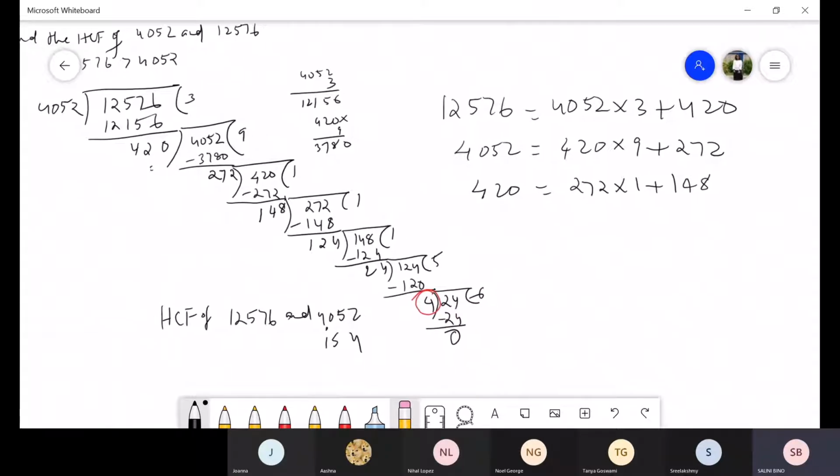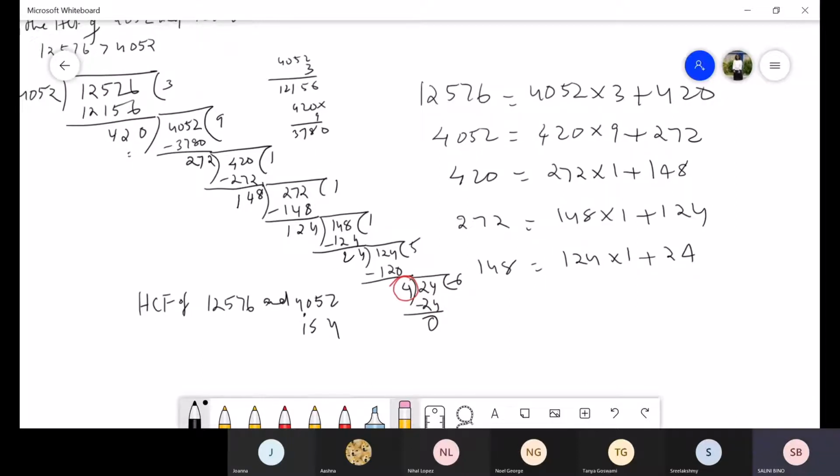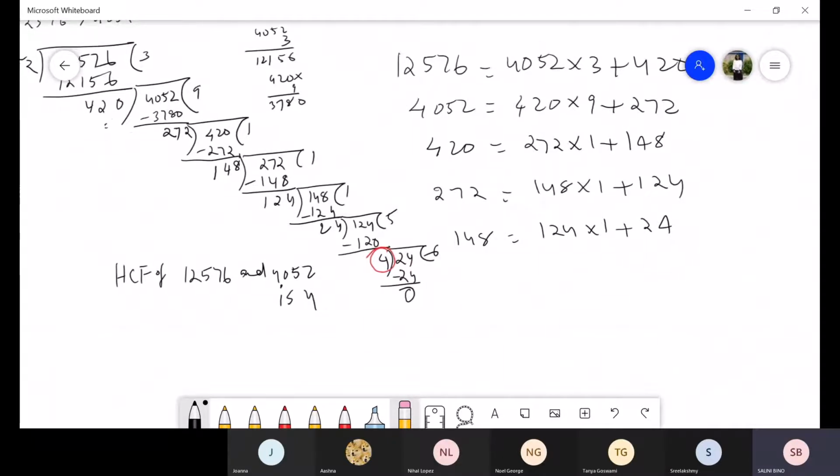Next step, 272 is equal to 148 into 1 plus 124. 148 is equal to 124 into 1 plus 24. Next step, 124 is equal to 24 into 5 plus 4. And the next step is 24 equal to 4 into 6 plus 0.